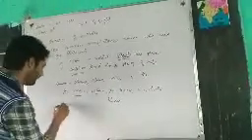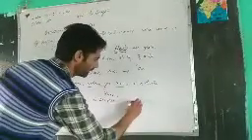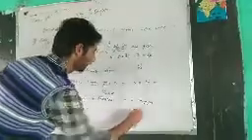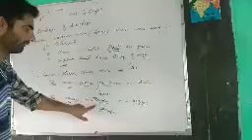Similarly, the woman in trouble is a beggar. The article the is used here, and in trouble is a phrase. When a common noun is followed by a phrase, we will use the article the.